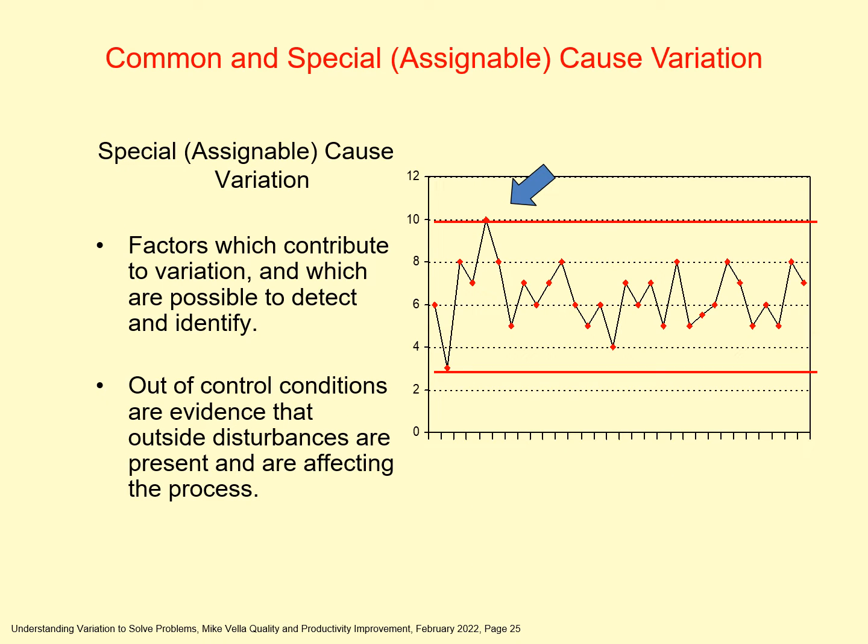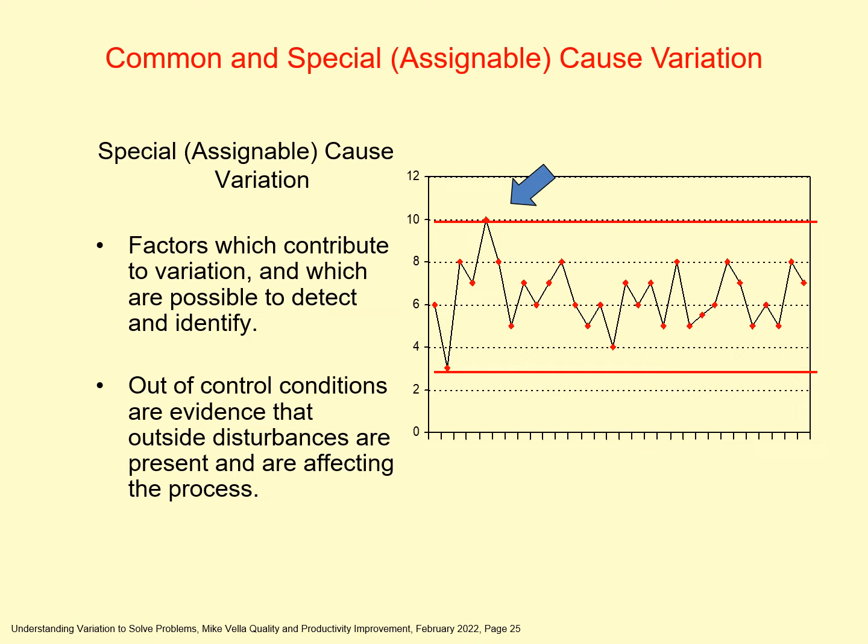Well, another way to talk about common and special cause variation is shown on the chart. What you see there are upper and lower control limits, say for an X bar and R chart, or an average and range chart, and you see one point beyond the control limits. Well, that illustrates that the process has changed significantly enough that we need to stop and analyze it.